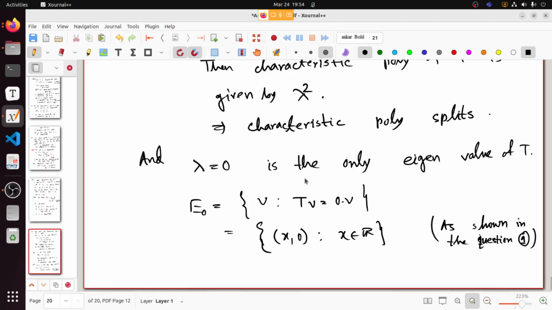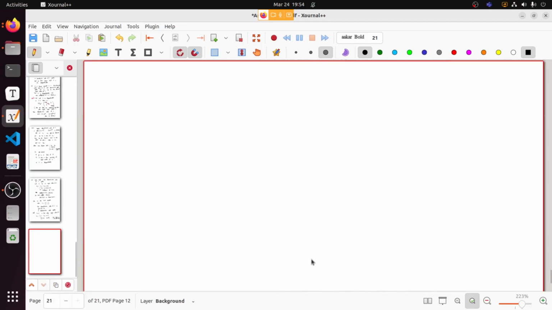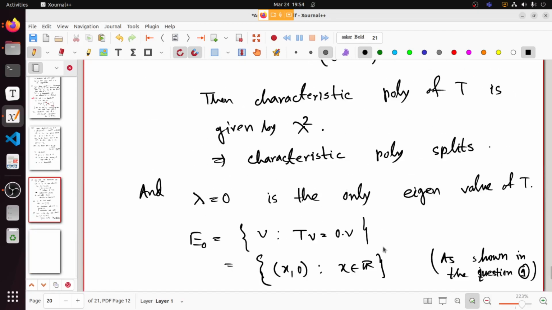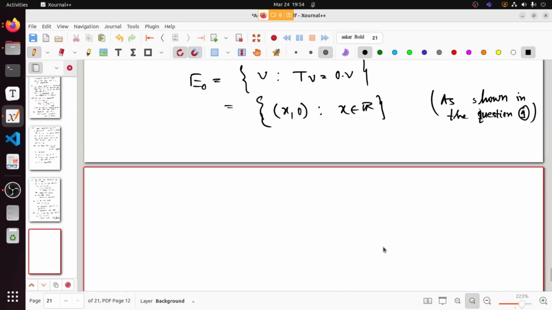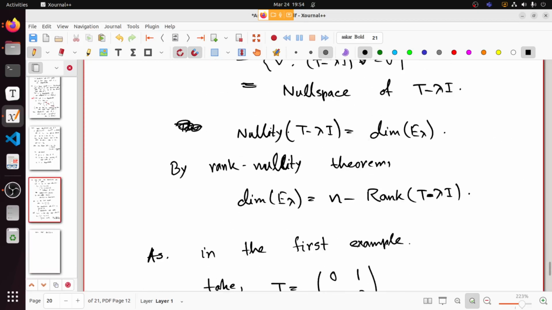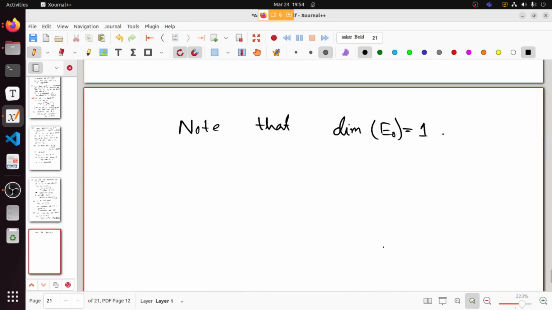So the dimension of E0 is 1, right? But what is the multiplicity of lambda? It's 2, because lambda squared. So note that the dimension of E0 is 1, so by star, n minus rank of T minus lambda I is 1.